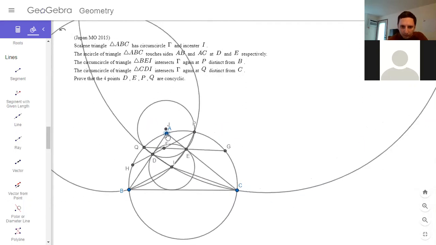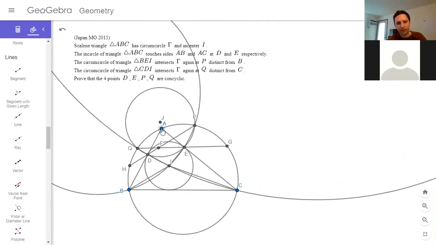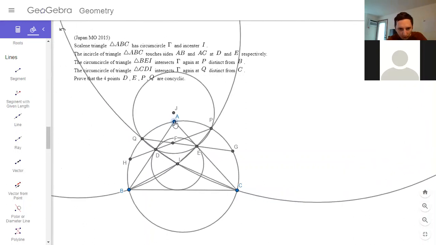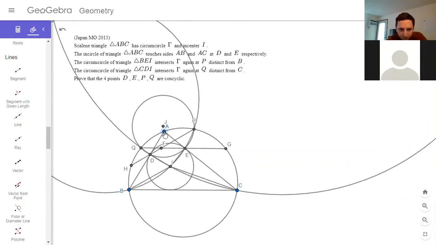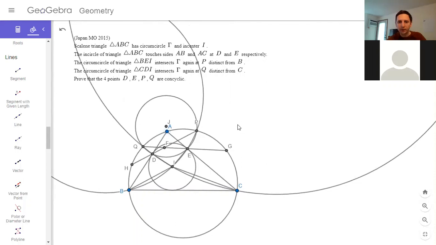Yeah, it's hard to draw. But ID and Q are not necessarily collinear, and IE and P are not collinear. So you can't just use power of a point.